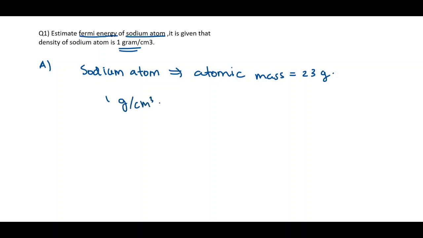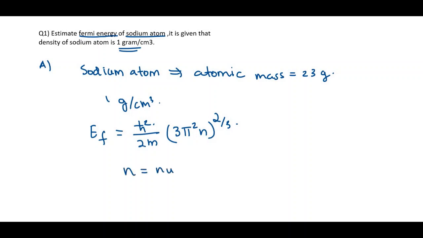Okay, so our equation to find Fermi energy EF is ħ²/2m (3π²n)^(2/3). So the unknown here is n. n is number density, that is total number of electrons divided by volume.